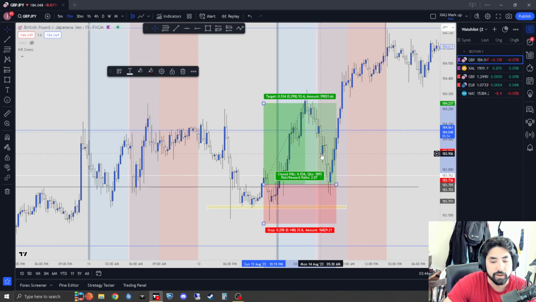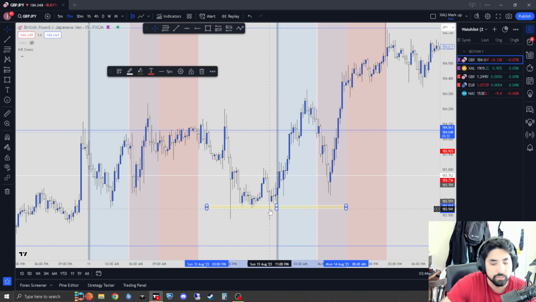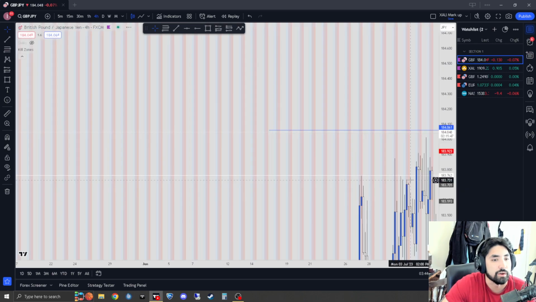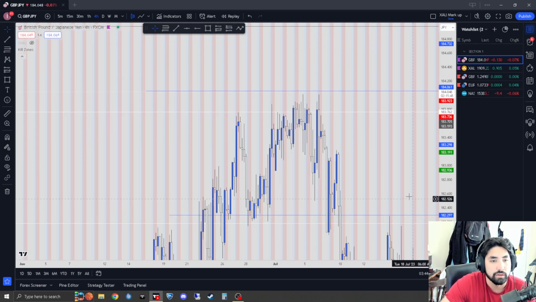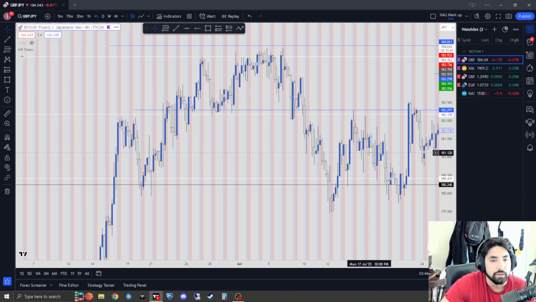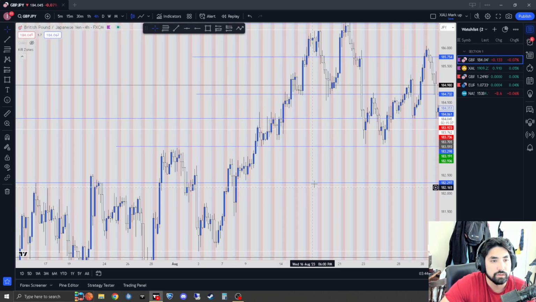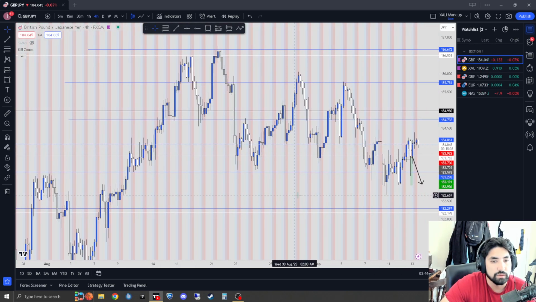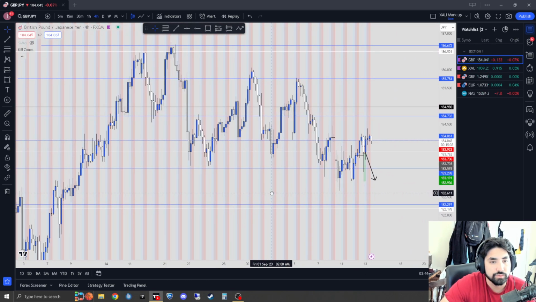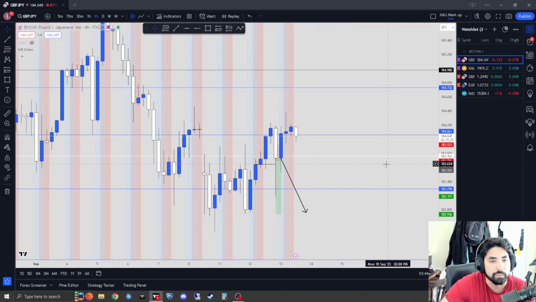I'm going to find an example here where you would get stopped out, just for transparency. Not all trades are going to go in your favor. So let's see if I can find that here. More recent. Like this here, I had an example I was setting up.